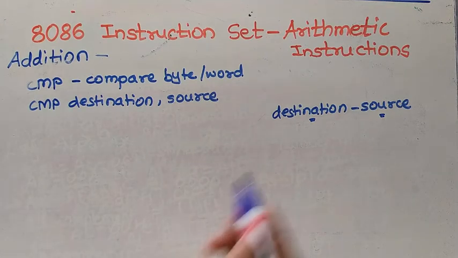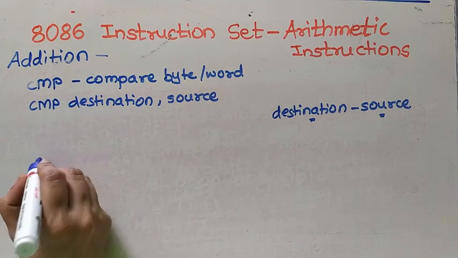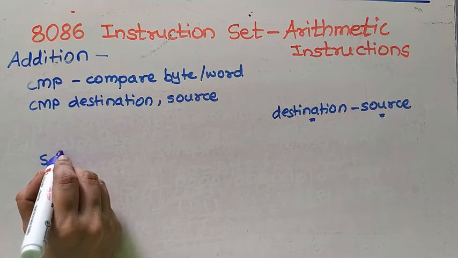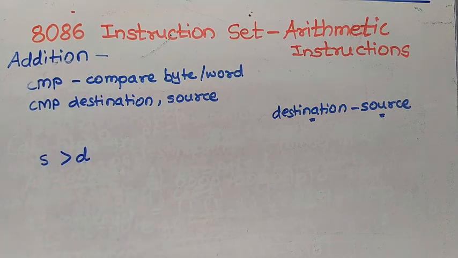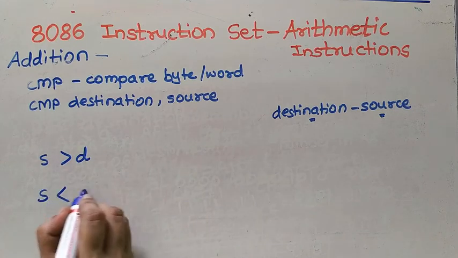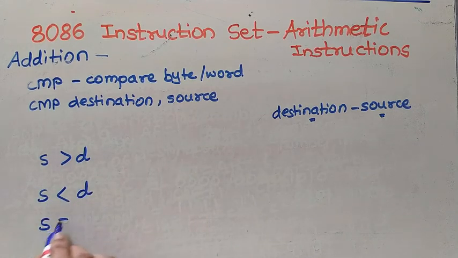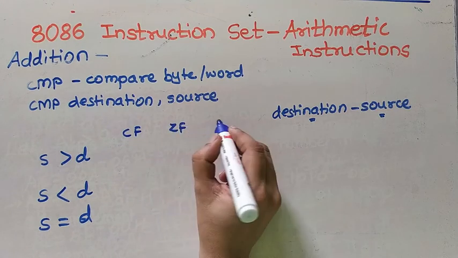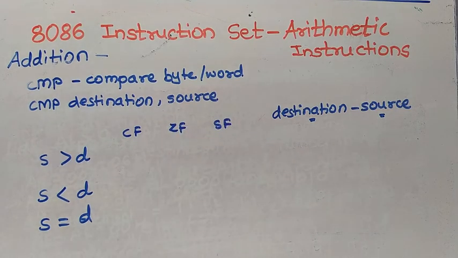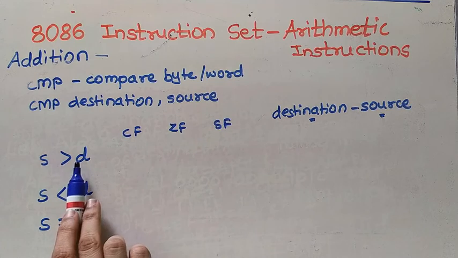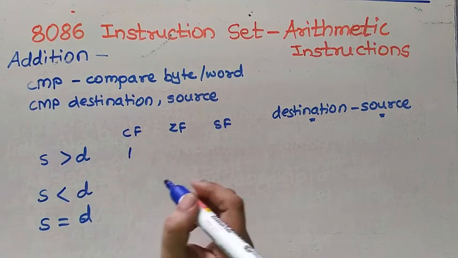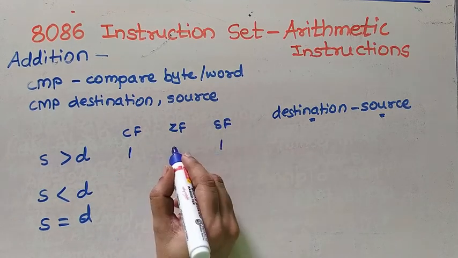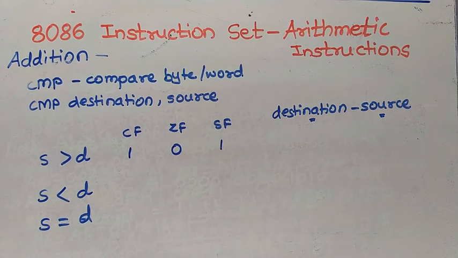So after compare, sometimes source will be greater than destination, sometimes source will be less than destination, or in some cases contents of source and destination will be same. So for that different flags will be set according to the result. If source is greater than destination, carry flag is set and sign flag is set. Zero flag will be 0.